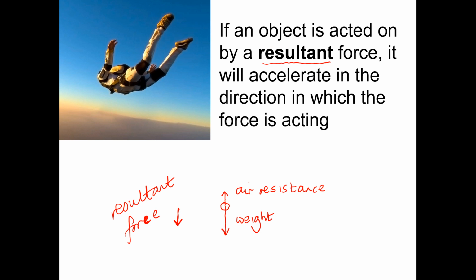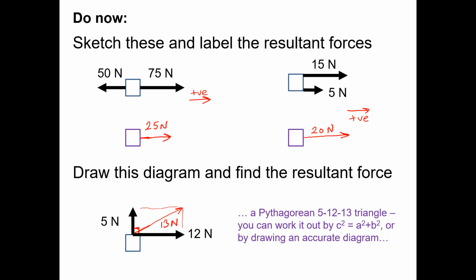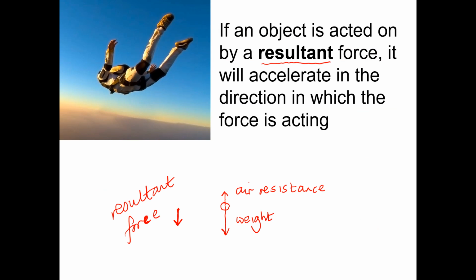Here's our free body diagram. We have a resultant force downwards. We could redraw this resultant force as a simplified resultant force diagram. So here we go. This is our simplified resultant force on a free body diagram.